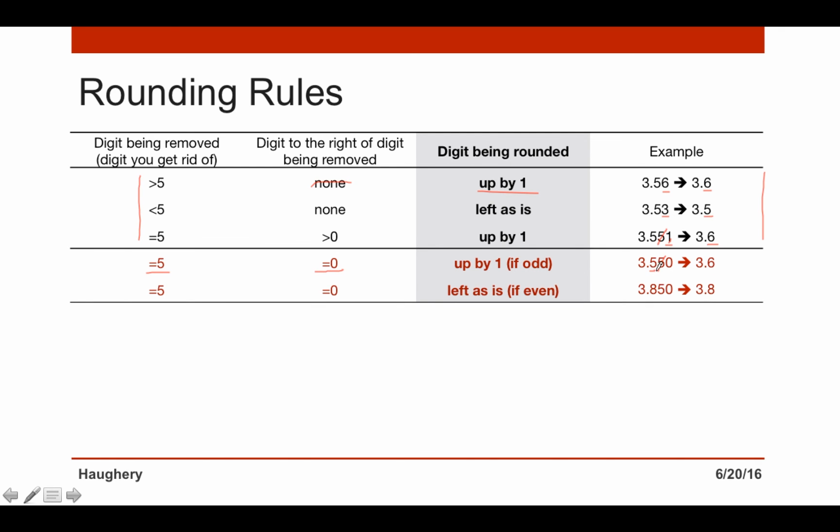Because this is followed by a 0 and it's equal to 5, and the number before it is odd, we round that up. Okay, so round if it's odd. Similar case, if it's even, we're getting rid of the 5. We don't change it because it's already even. So we only round in this scenario if we're going to round up to an even. Okay, we don't round up to an odd. So the number we start with, if it's odd, we round it. If the number we start with is even, we don't round it.